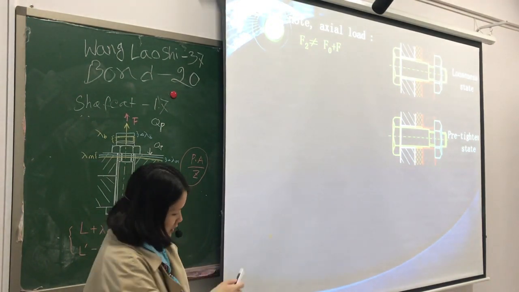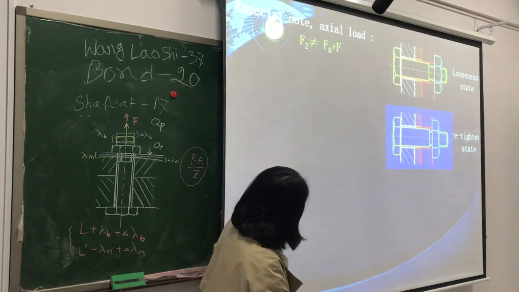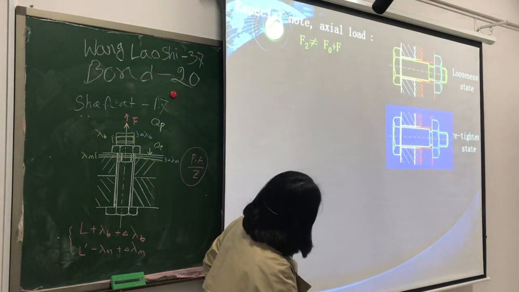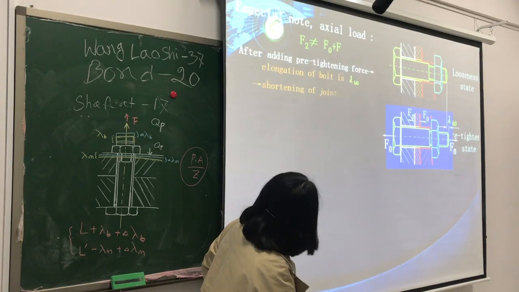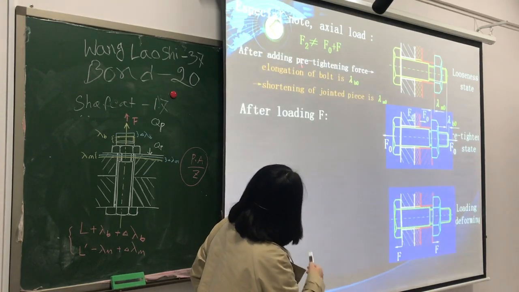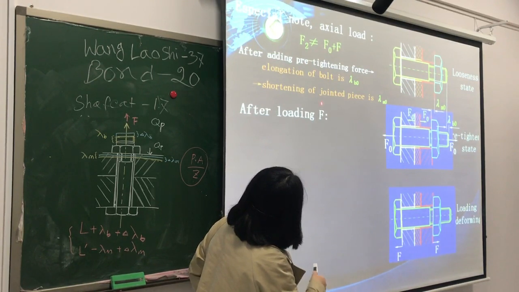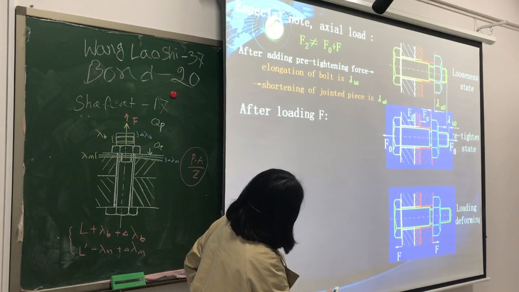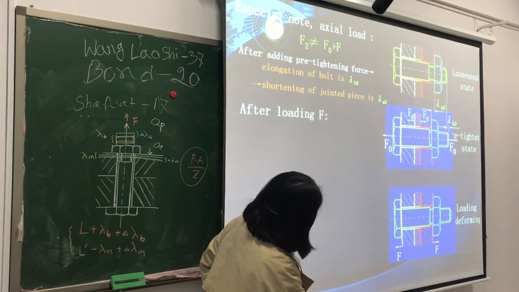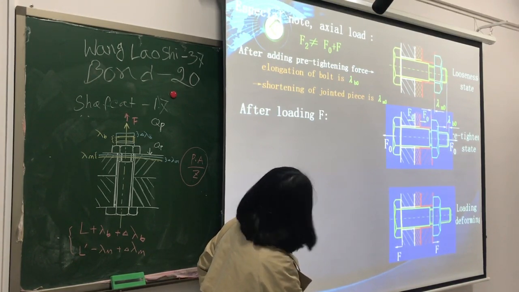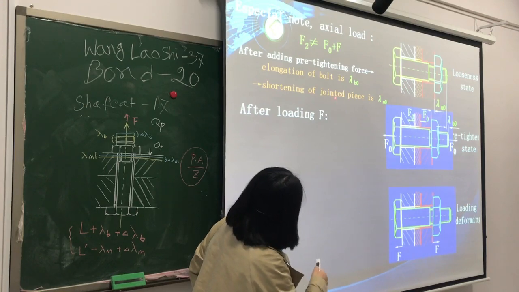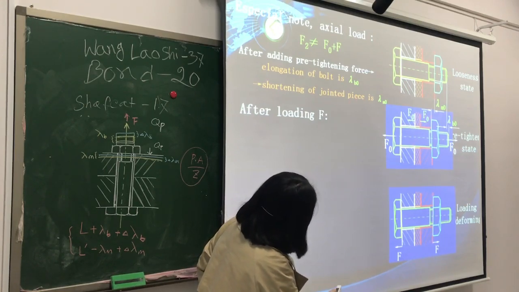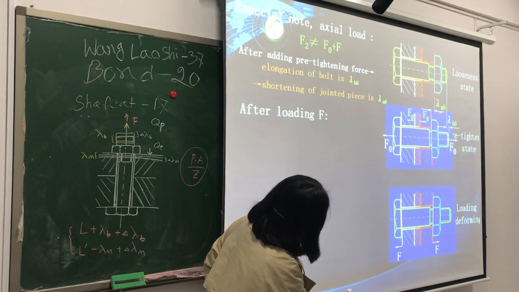So let's see. After tightening, after adding the preload, the elongation of bolt is lambda b0 there, and the shortening of joint members is lambda m0 there.